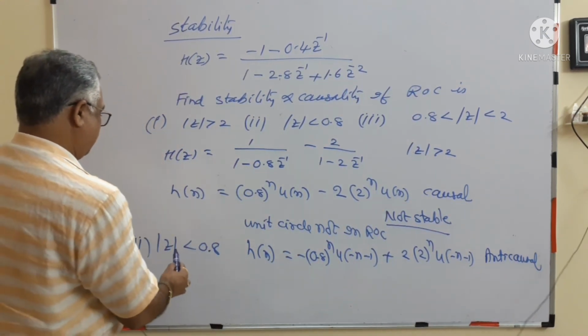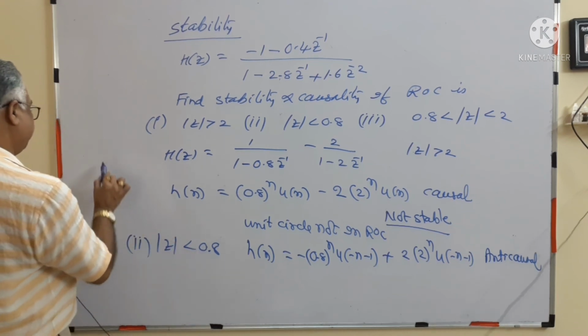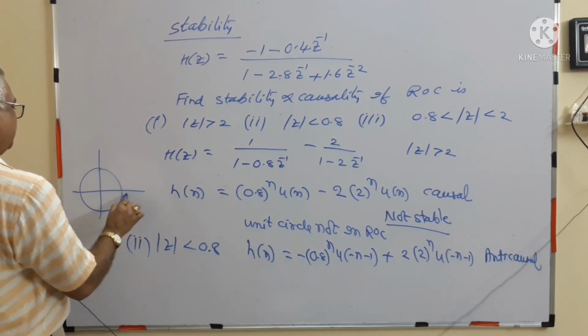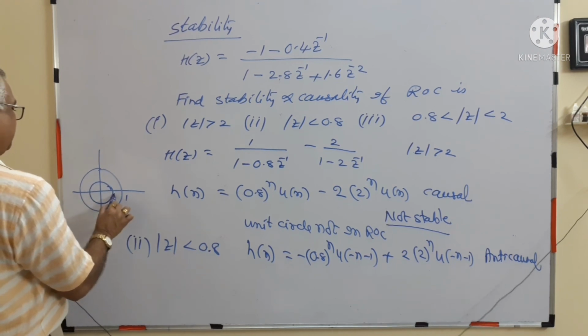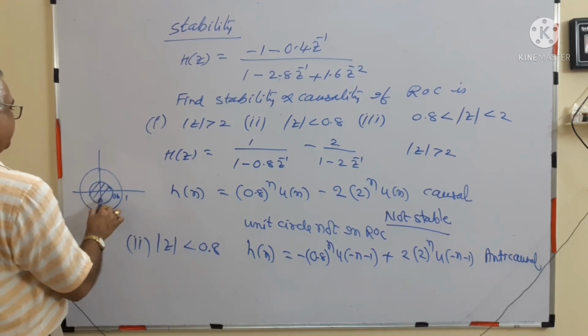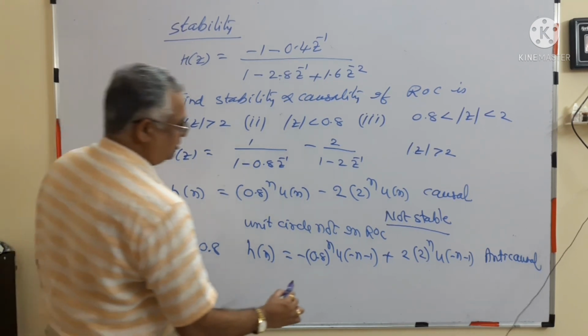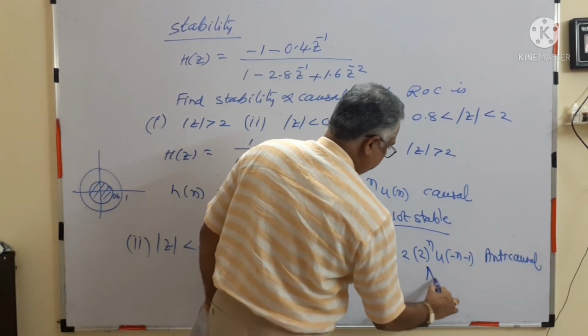Less than 0.8. So this is the unit circle. What is the ROC? Less than 0.8. So this unit circle is not in ROC, again unstable, not stable.